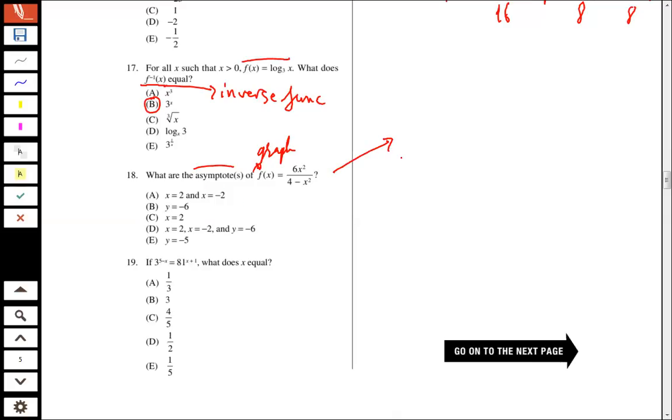There are two types of asymptotes here: vertical asymptote and horizontal asymptote.